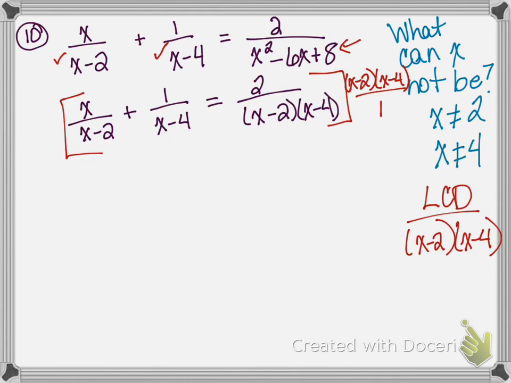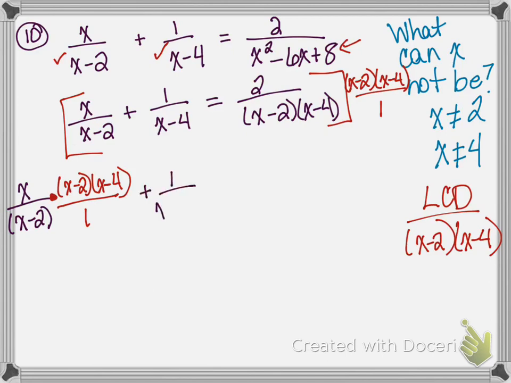Okay, here we go. So I have x over x minus 2, and I am multiplying that times x minus 2 times x minus 4 over 1. Then I have plus 1 over x minus 4.